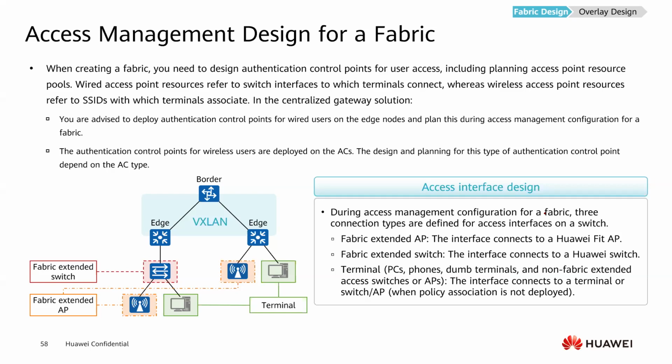There are three access types connected to the fabric. First is the fabric extended AP. Second is extended switches, and third is terminals. So for the port, if it connects to switches, you need to choose the type of extended switches.